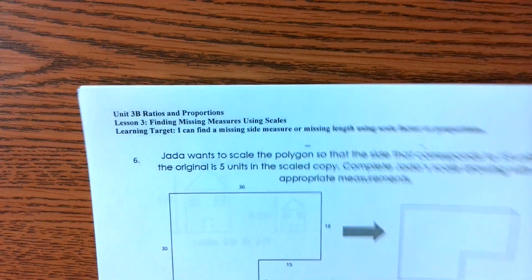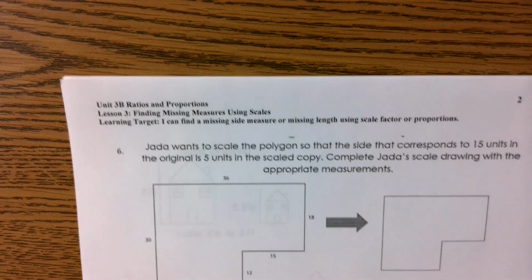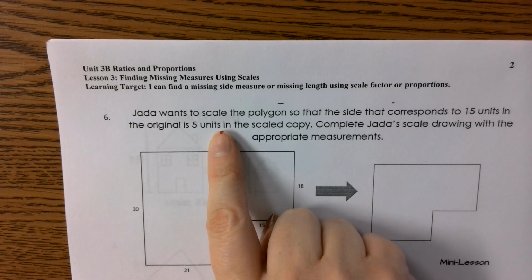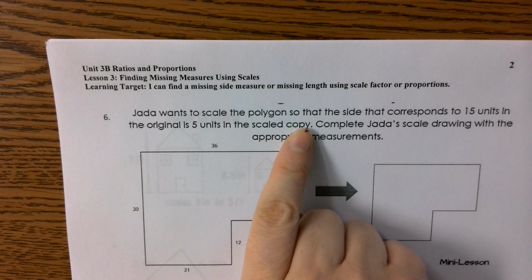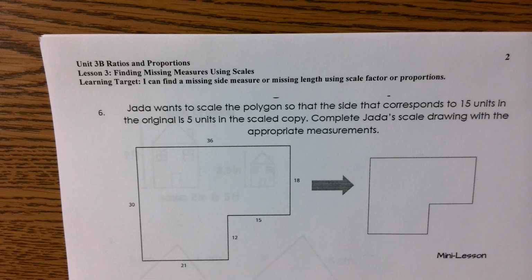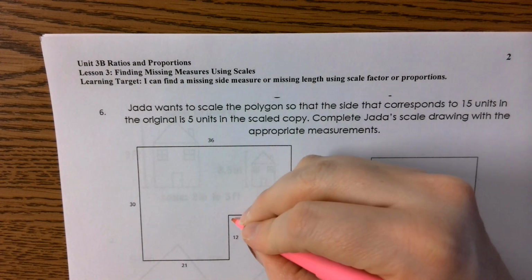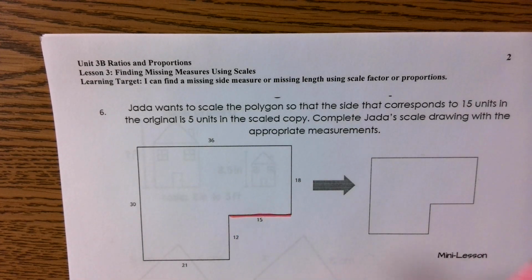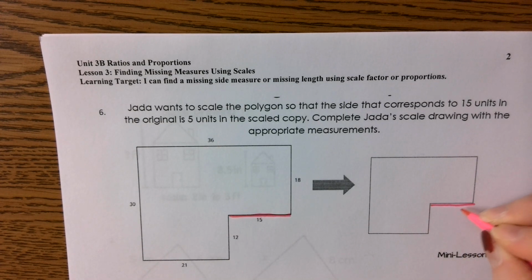So on the back here it says Jada wants to scale the polygon so that the side that corresponds to 15 units in the original is going to become 5 units in the scaled copy. So we're going to complete this drawing. 15 units happens to be represented right here. That means that on the scaled copy, that's going to become 5. So this measurement right here is going to become 5.